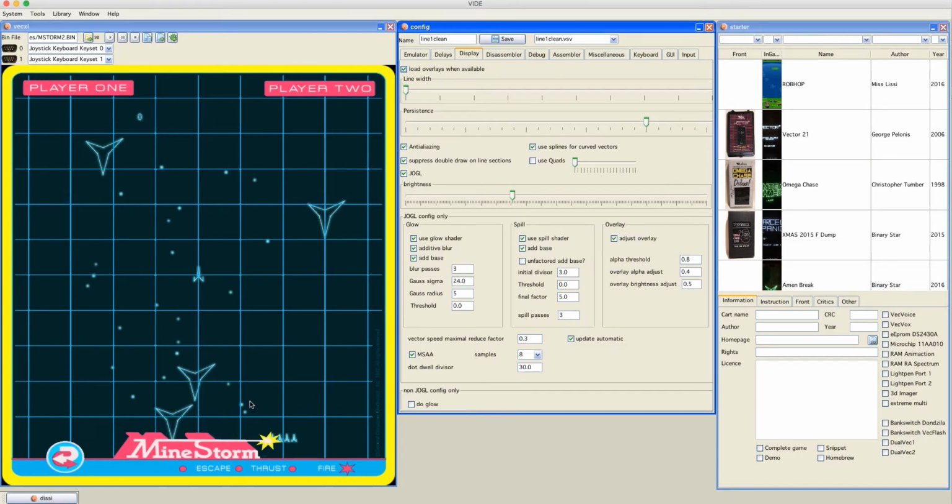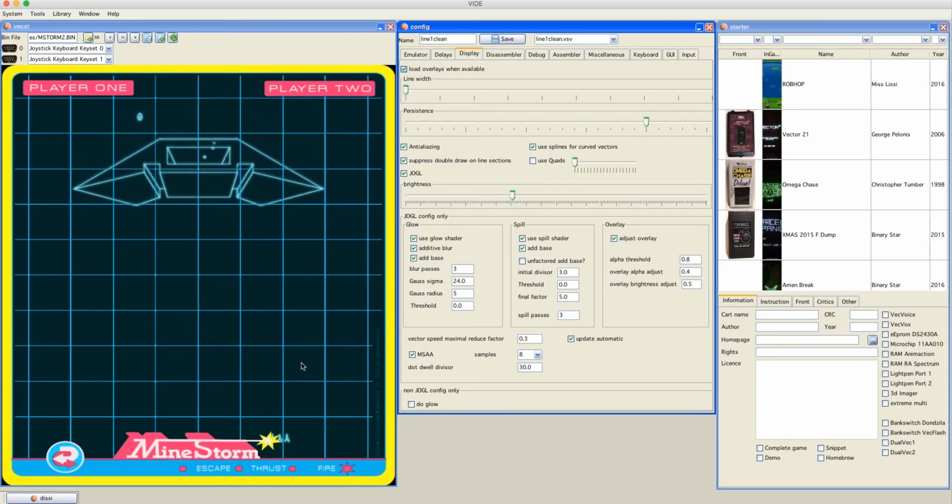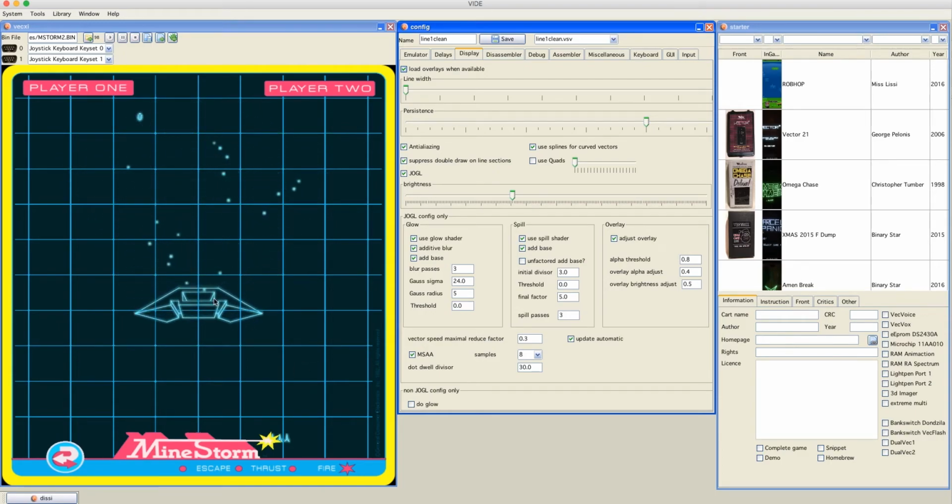If the line goes from here to here with a brightness of 127, this point does have a brightness of 127. If a second line comes from here to here, joins in this point, you can think of the brightness at that location as 200 or, I don't know, 256 or something like that.